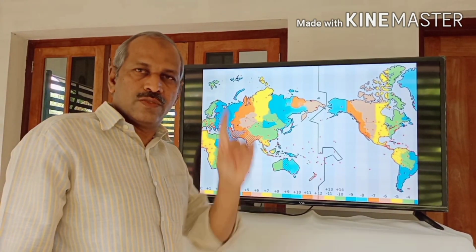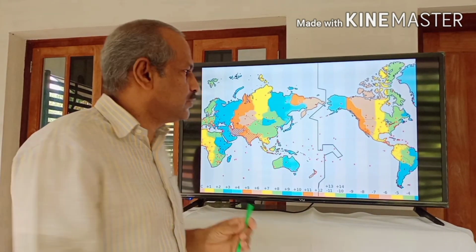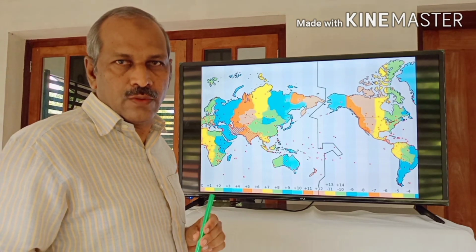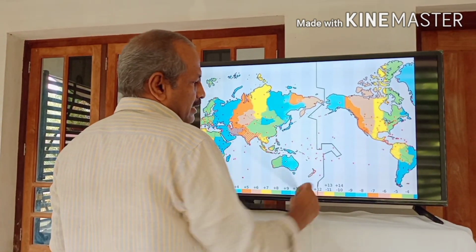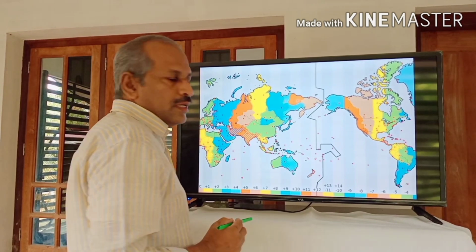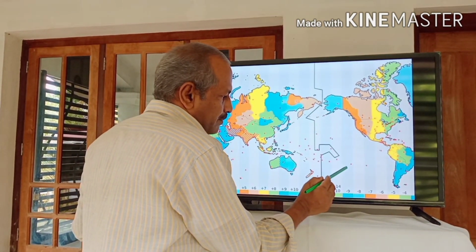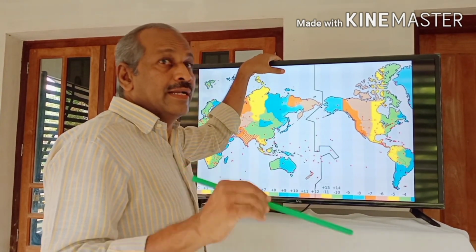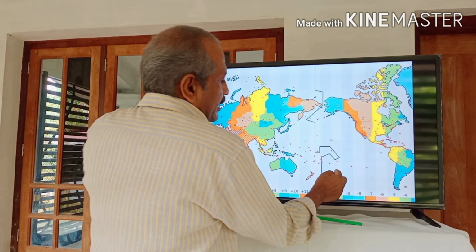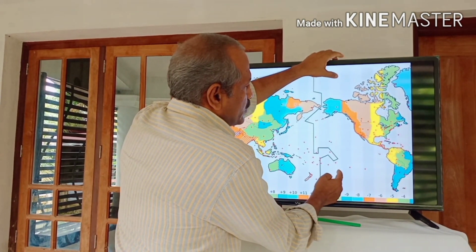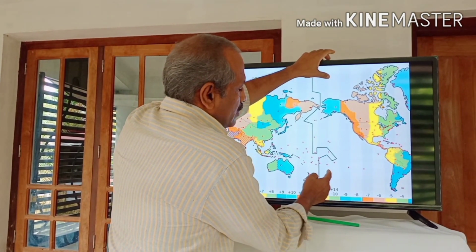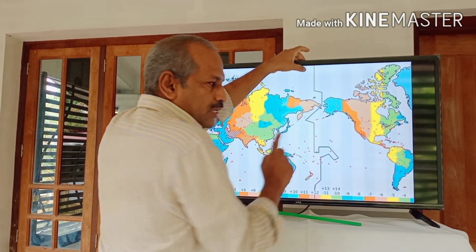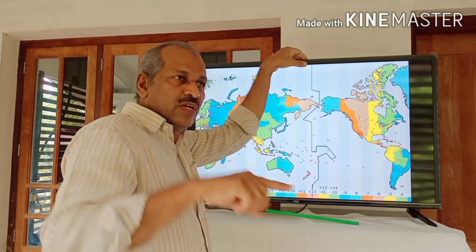I told you, there is always a time difference of 24 hours to the east and west of this line. And suppose a passenger or a traveler, a person who crosses this line from east to west, he has to calculate his time by advancing 1 day. For example, here it is the traveler, and suppose here it is Thursday, and by crossing this line he reaches west, and then he has to calculate his time by advancing it by 1 day.